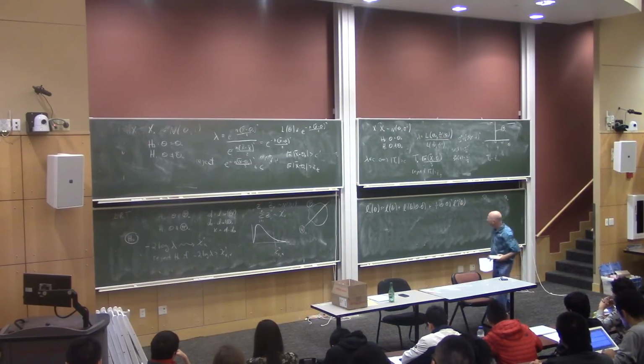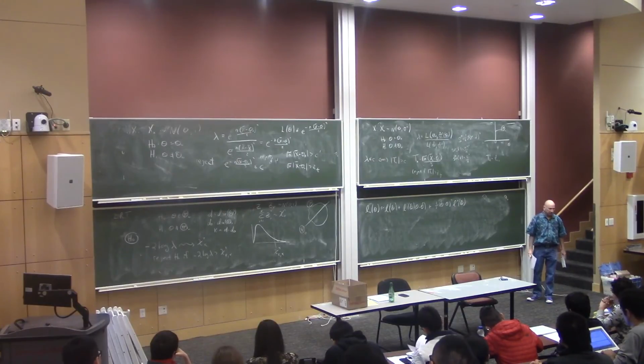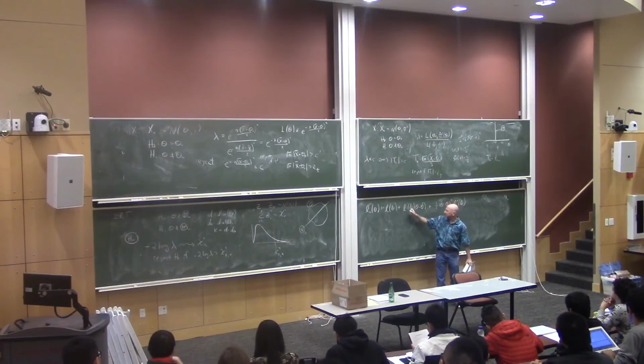You're going to stop there. This is just to get a useful expression for the log likelihood. Now, we should notice that L prime at theta hat is the derivative of the log likelihood at the MLE, so this is 0.